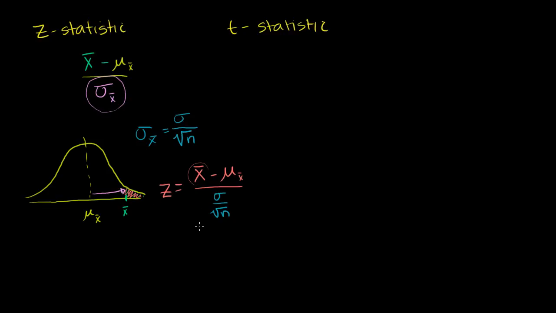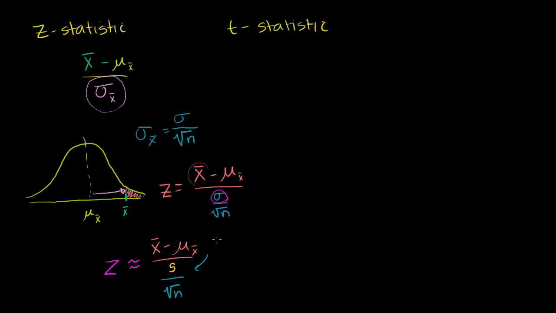Now, normally when we've done this in the last few videos, we also do not know what the standard deviation of the population is. So in order to approximate that, the z-statistic is approximately going to be the numerator over again, but we estimate the denominator using our sample standard deviation.